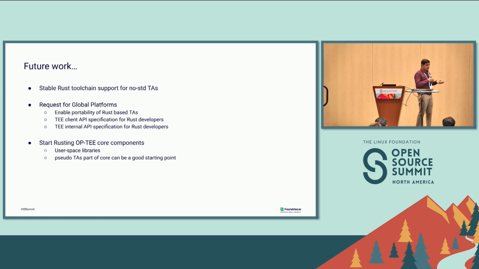Pseudo TAs can be a good starting point. It's similar to how we started with the Linux kernel: we started with rusting the modules first, and then moved on to the core components. Similarly on the OP-TEE side, we can have an API for pseudo trusted applications to be written in Rust, and then move on to rusting the core components.